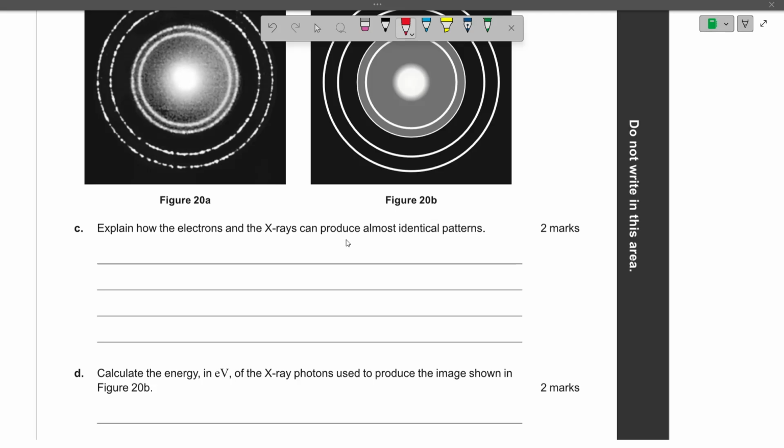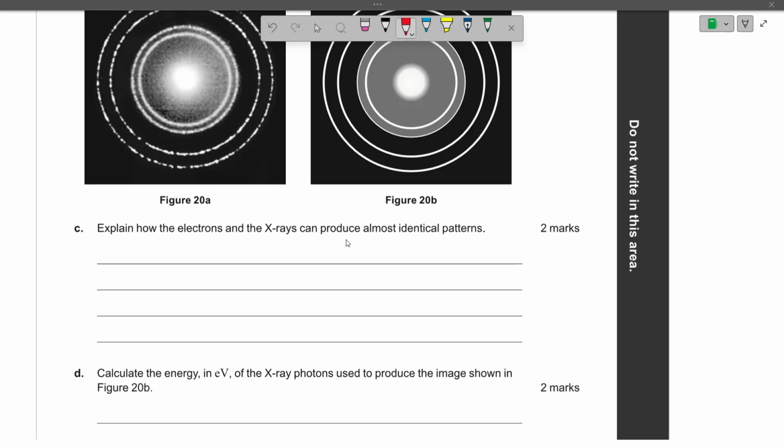So you can say something along the lines of: the spacings between the rings, and therefore the patterns, are a result of diffraction, and the amount of spacing between the rings is a result of how much diffraction is occurring.